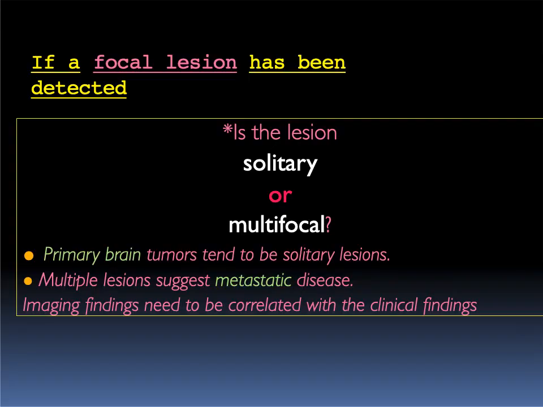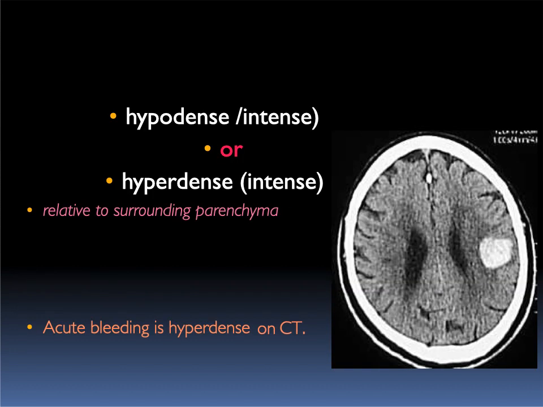For a focal lesion, is it solitary or multifocal? Solitary is probably a primary brain tumor, and multiple is probably metastatic, so we have to correlate with the clinical finding, which is very important. If the patient has a known primary, these lesions are secondaries; otherwise we think about other lesions, such as a primary brain tumor.